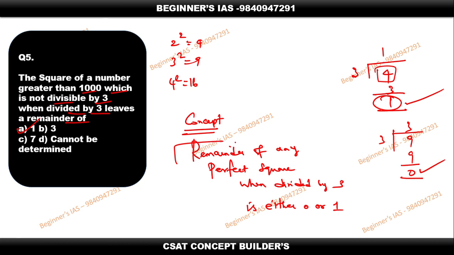So the remainder is only either 0 or 1. When the number is completely divisible, the remainder is going to be 0. When the number is not divisible by 3, obviously the remainder is 1. So that is the logic here.